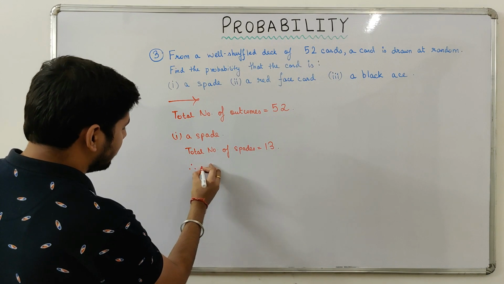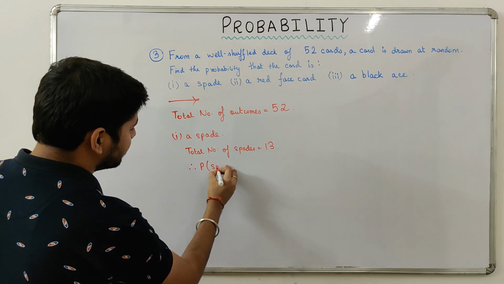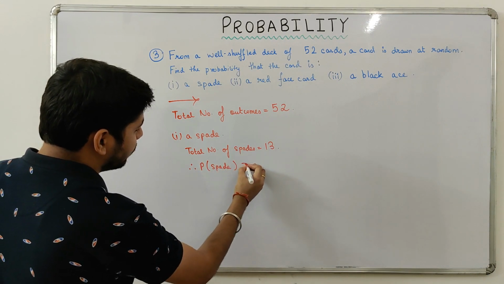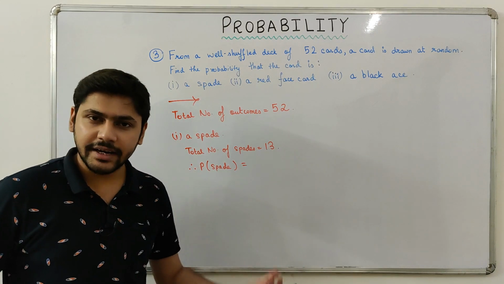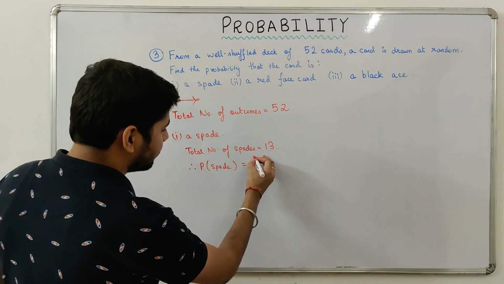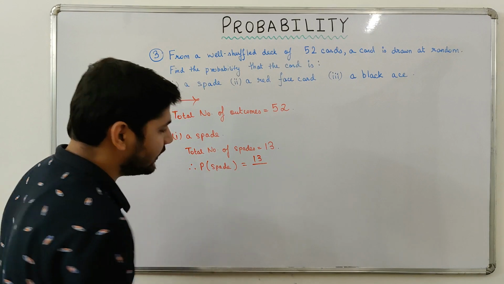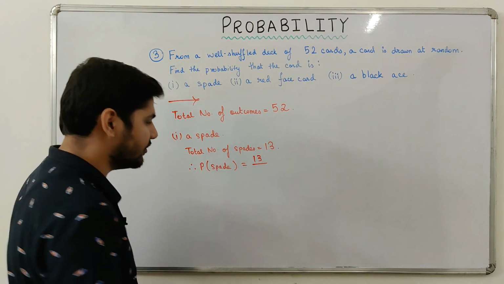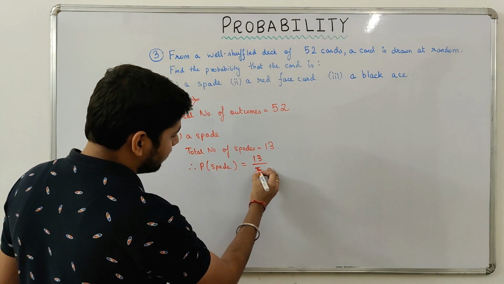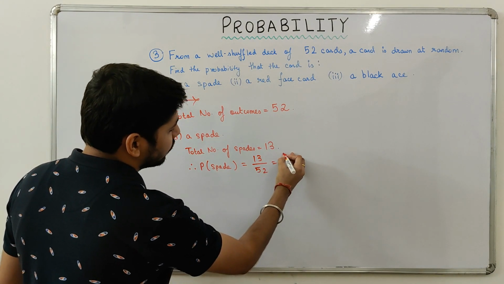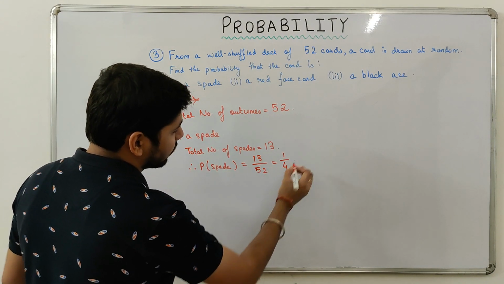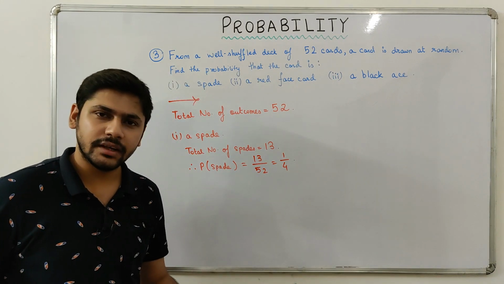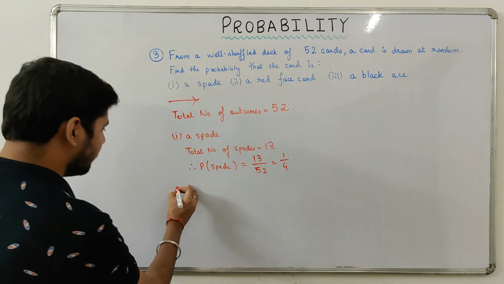Therefore, the probability of getting a spade is equal to total number of spades present, which is 13, divided by the total number of outcomes, that is the total number of cards, which is 52. So 13 by 52, which is equal to 1 by 4. Simple.